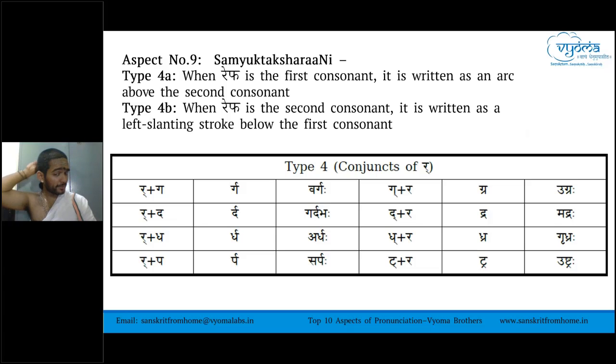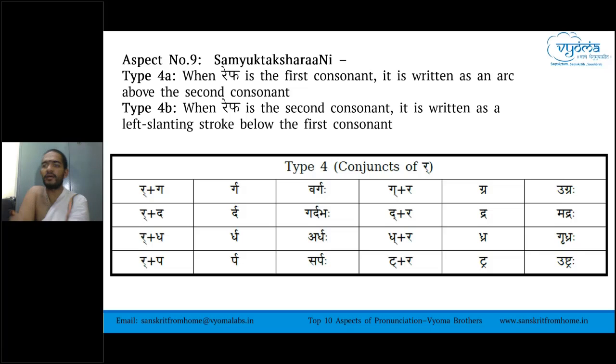Fourth is where you have repa. Repa is rakara. Rakara is always unique, as we saw in the previous aspect also. If the rakara comes first, then it's always an arka on top. Arka means just that small mark on top, like vargaha, gardabhaha. The rakara is pronounced in half only, but it is written as a small symbol above.